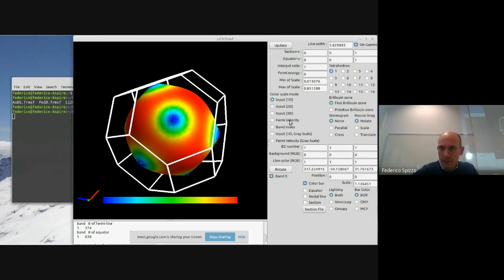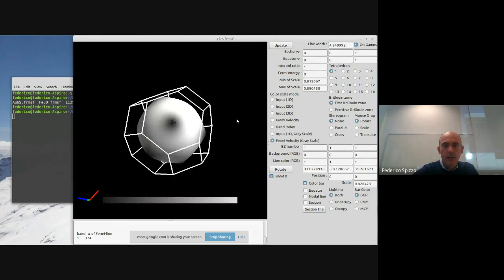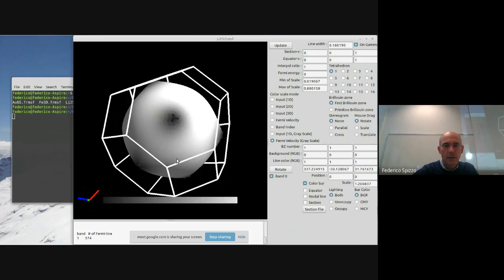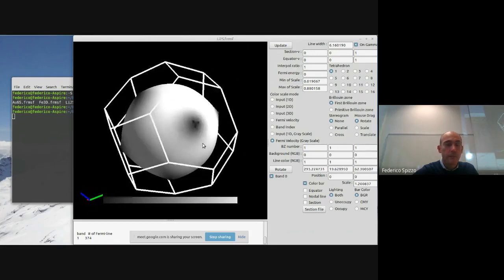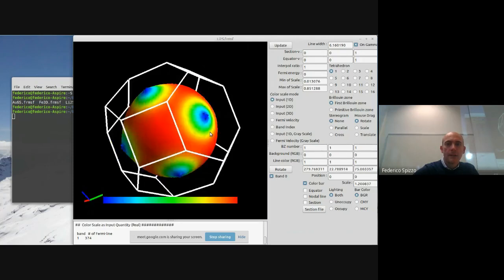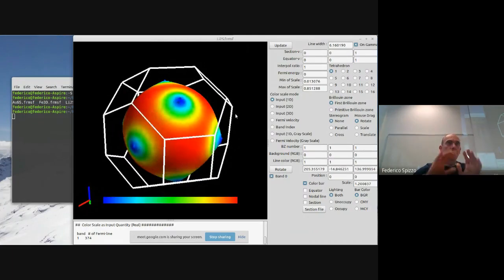We may also switch to just grayscale, or this is just relating to the Fermi velocity. So just a slightly higher velocity here, lower velocity here. So apart from that, what you see is that even if this is not a perfect sphere, it is something that is very close to a sphere.